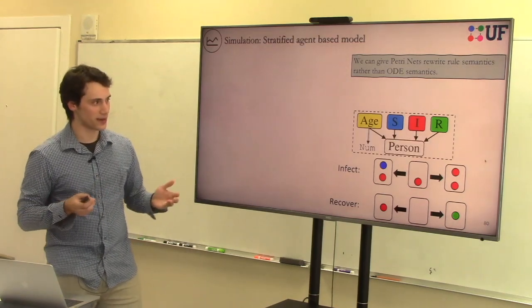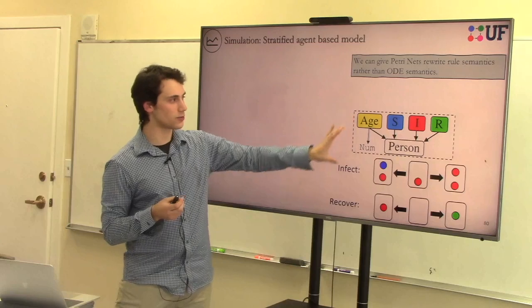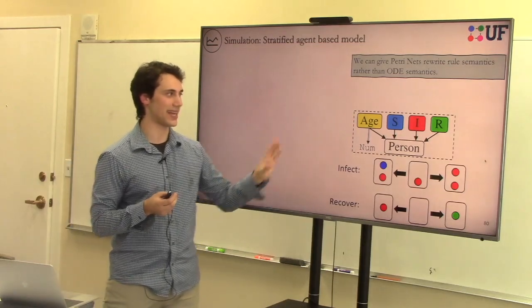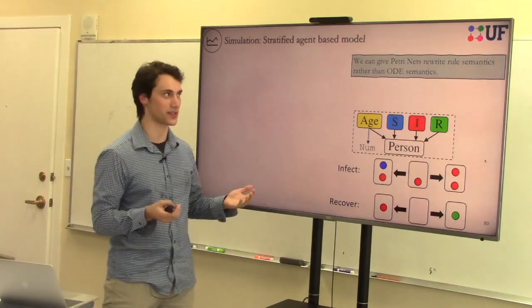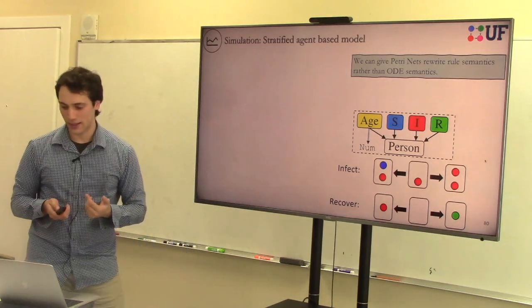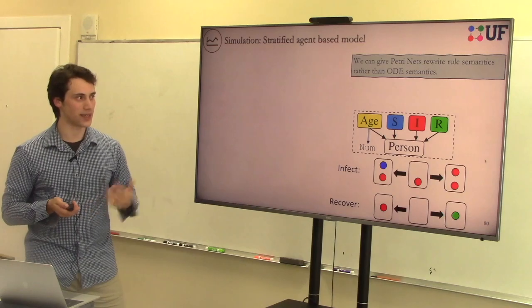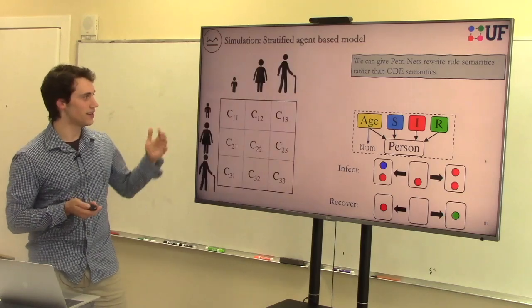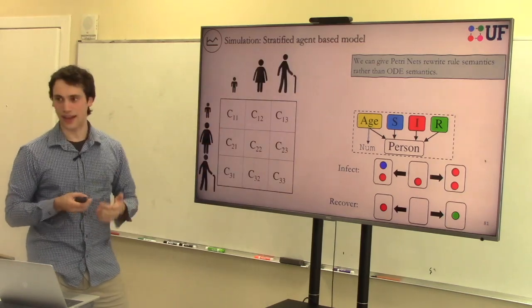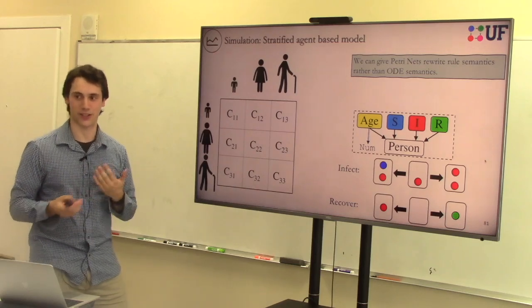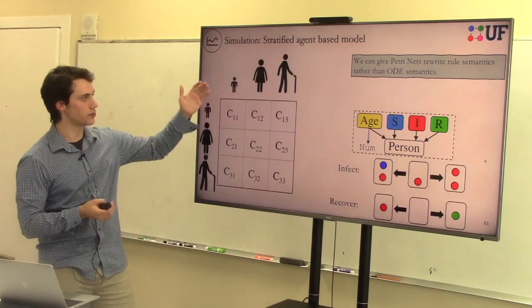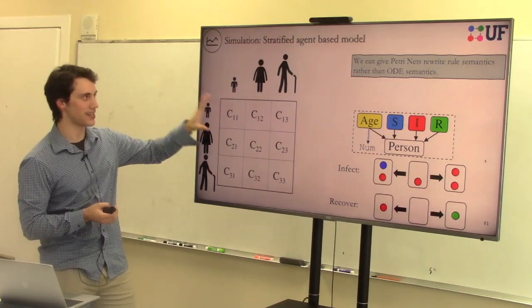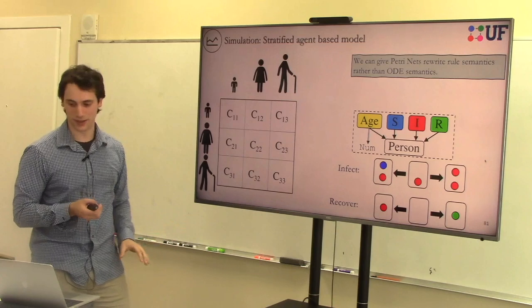So moving beyond a toy example, we've made the schema a little more complex in order to tag each of these circles with a certain number, which is going to be the person's age. This is important for making the model more realistic because different age groups have different interaction patterns, and empirically you get much more accurate results if you are able to distinguish these different types of infections.